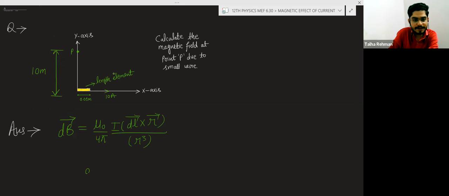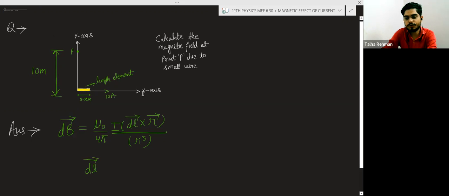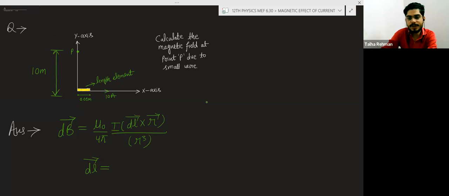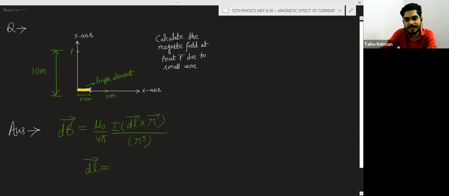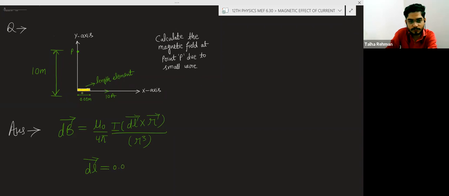But we do not have this dl vector. We have to calculate the dl. So see here, for calculating the dl vector, what you should have? You should have the length of the element. Length of the element is this now. Means magnitude of dl is the length of the element. So you will write this 0.01.